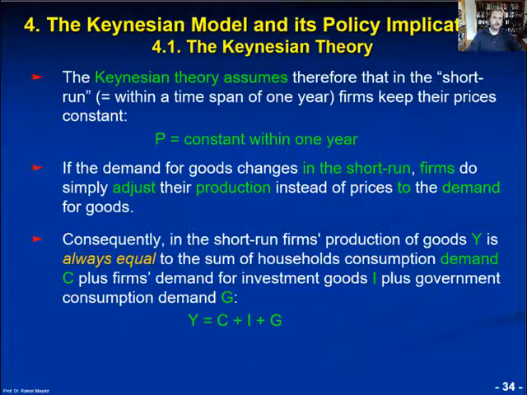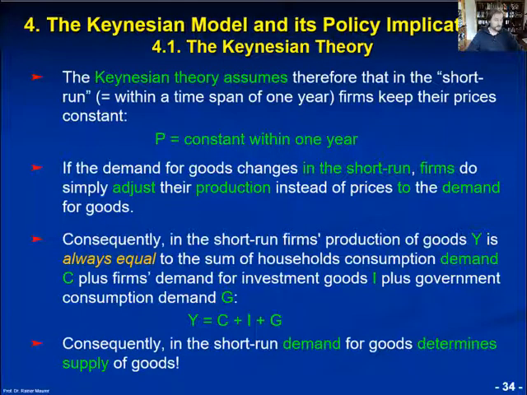Consequently, in the short run, firms' production of goods is always equal to the sum of household consumption demand plus firms' demand for investment goods plus government consumption demand. Consequently, in the short run, demand for goods now determines the supply of goods.